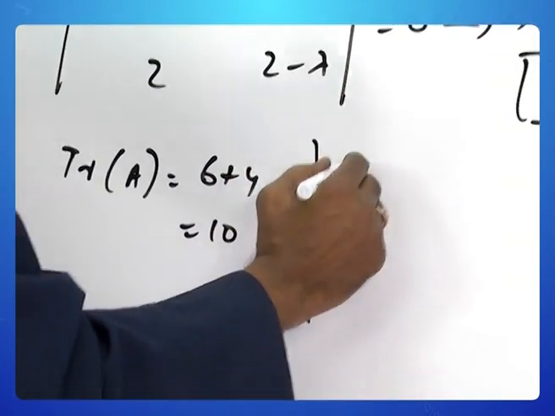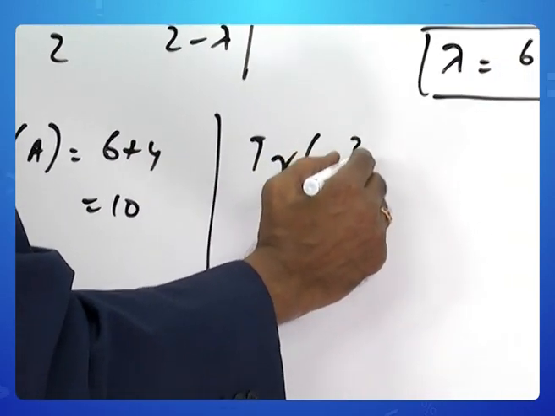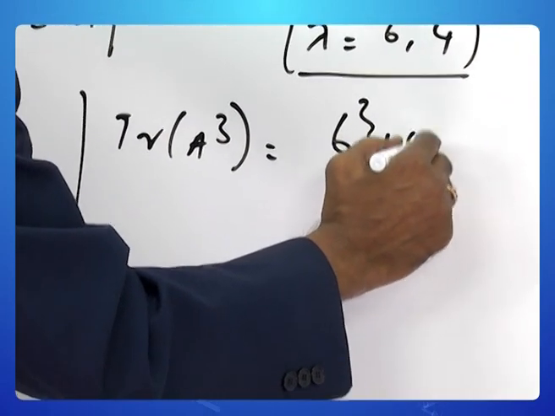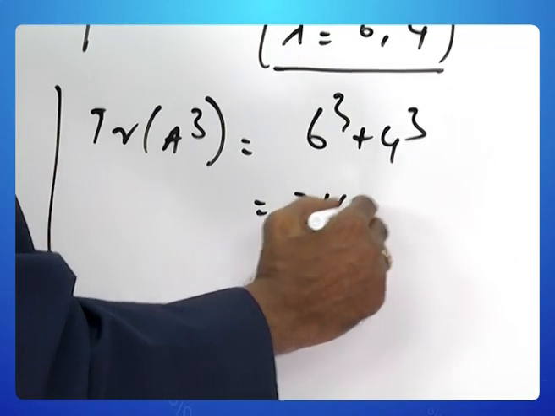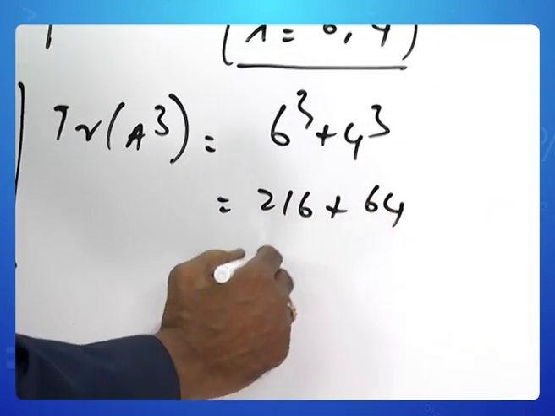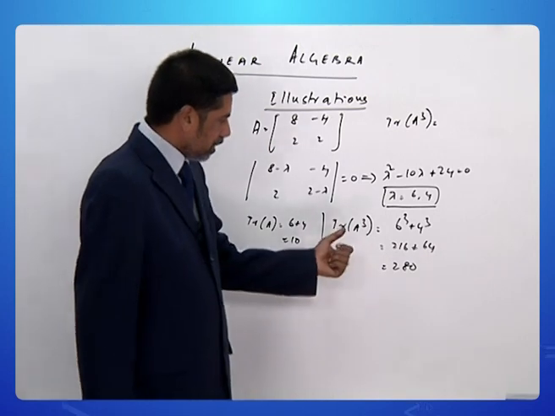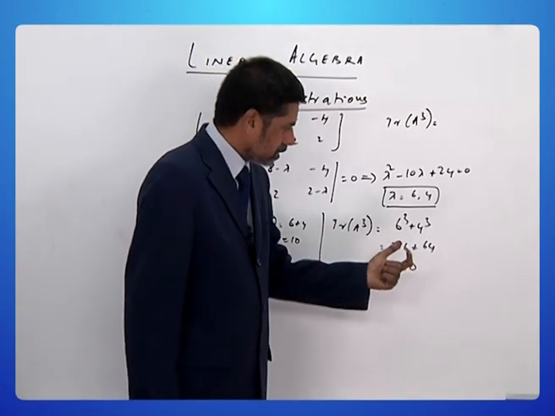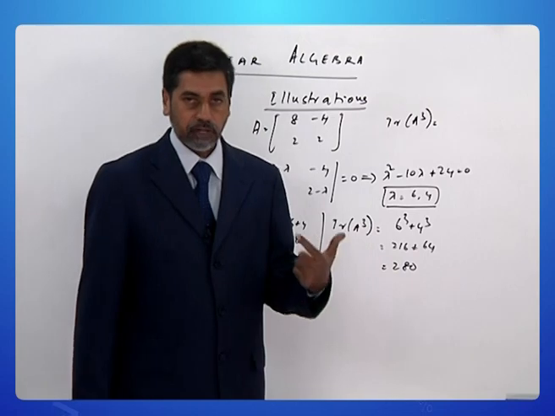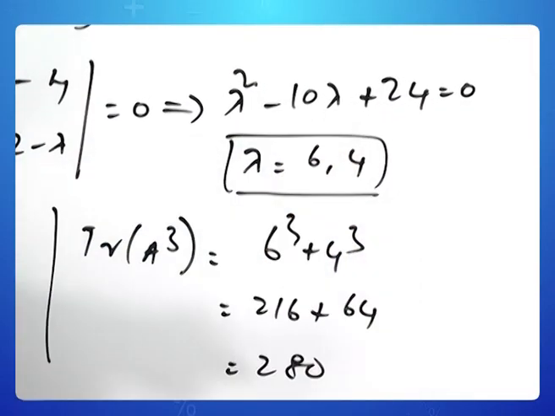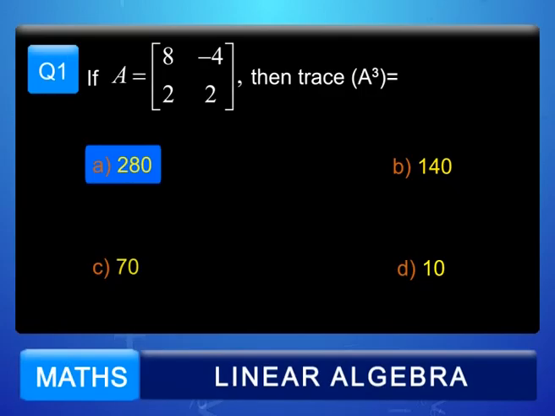So what we require is trace of A cube. This is nothing but 6 cube plus 4 cube, which is 216 plus 64, which is 280. So the trace of A cube will be nothing but the sum of the eigenvalues of A cube, which is lambda 1 cube plus lambda 2 cube. So that's how you get 280, and the correct option for this problem is A.